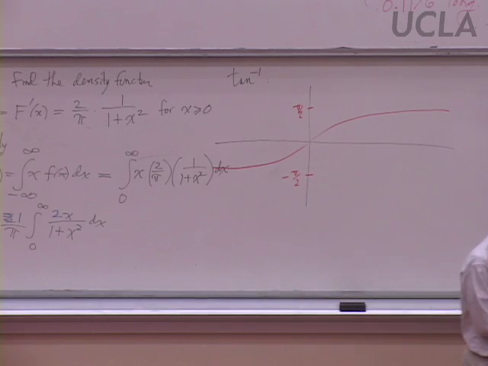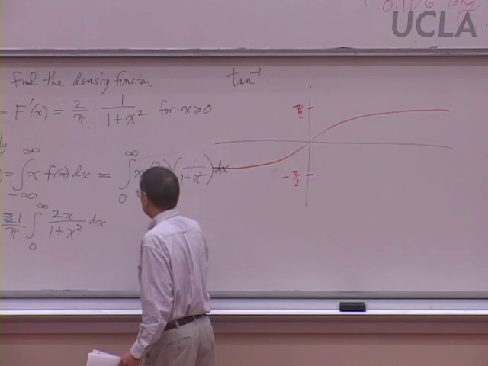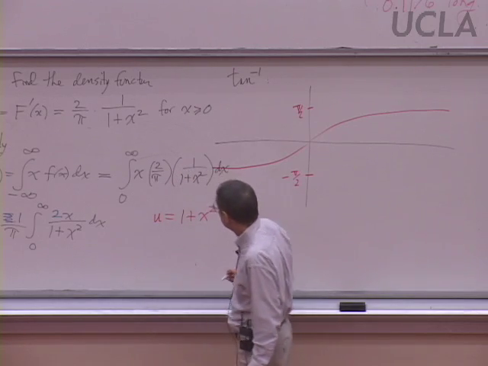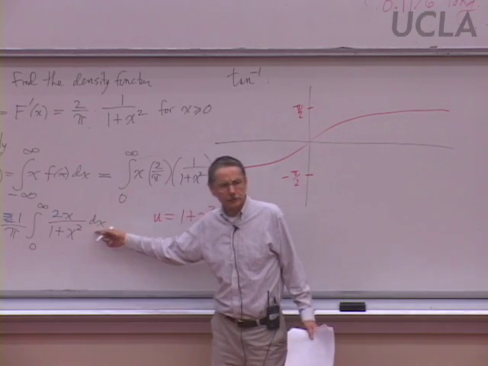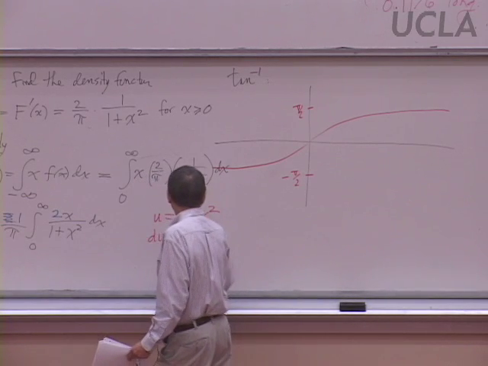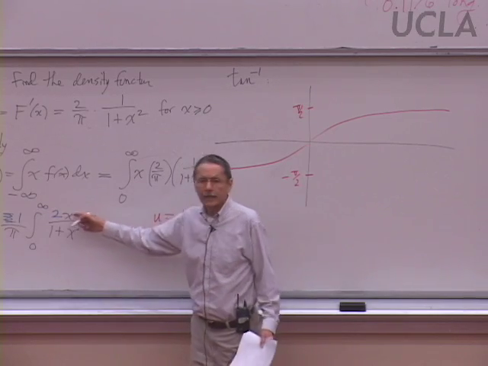If we substitute u for 1 plus x squared, it's going to make this a whole lot easier, because then the denominator is just u. du is 2x dx, which we have sitting here.